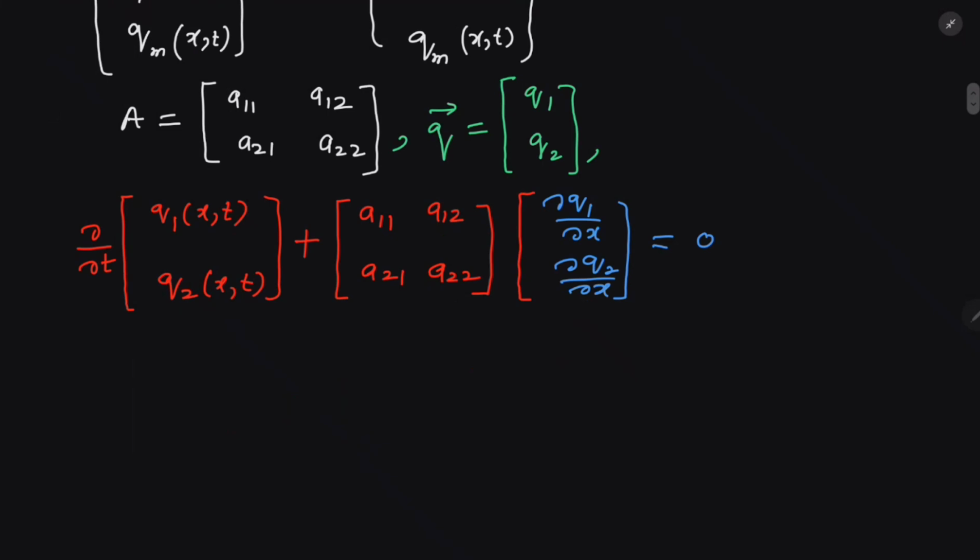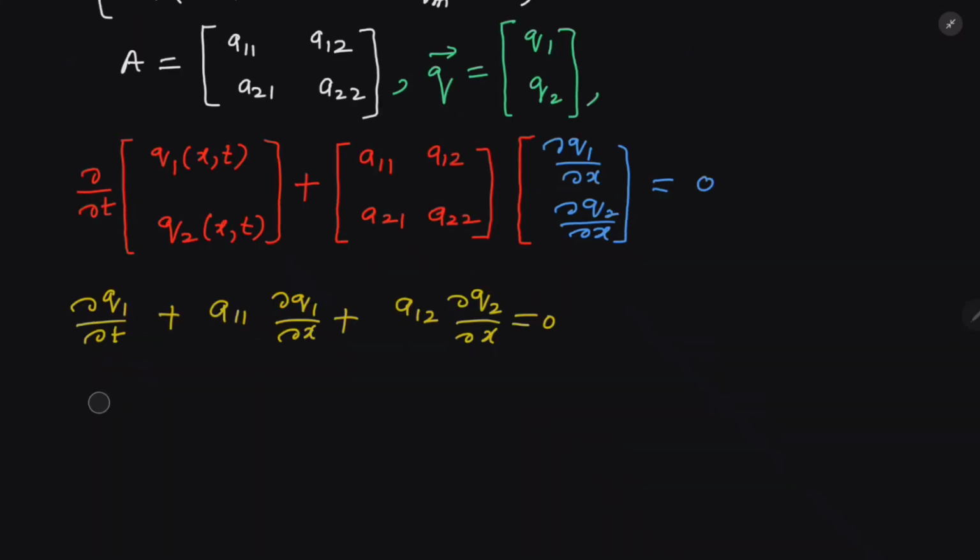When you solve this equation, we get partial Q1 by partial t plus A11 partial Q1 by partial x plus A12 partial Q2 by partial x is equal to 0.